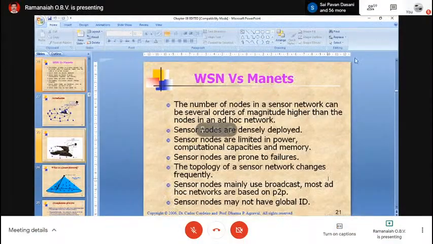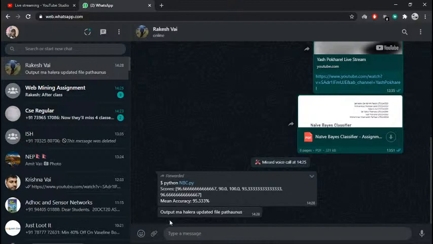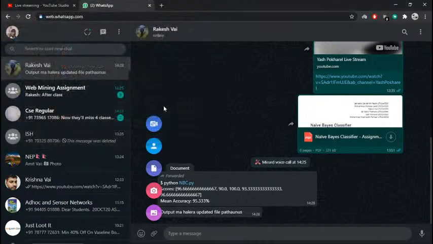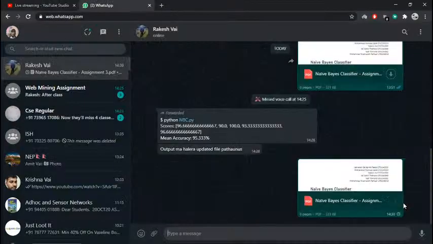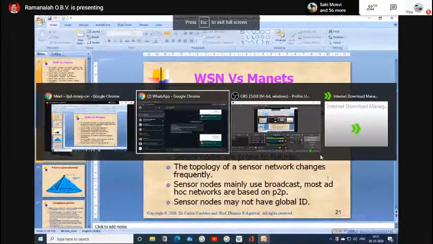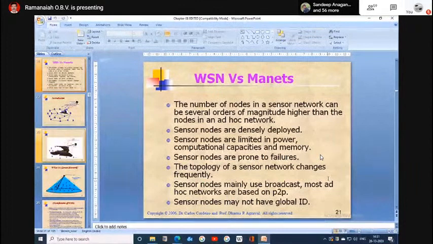Then they will take their positions in the forest. While falling, they may hit some rock and get physical damage. Or they may land near an electric or magnetic field and thereby fail. Or some may fall in water and become out of order. So the sensor nodes are vulnerable to damages and failures.